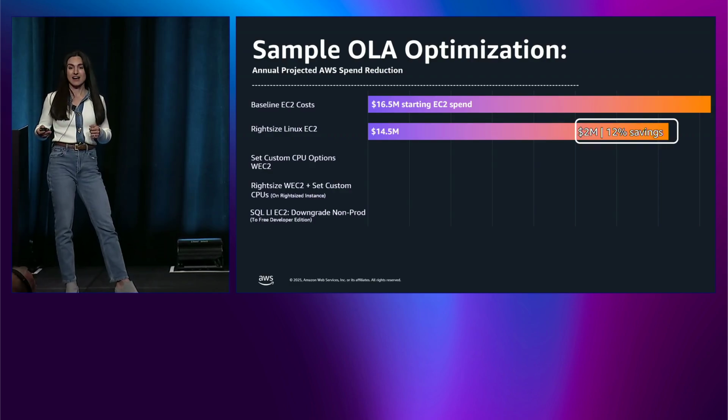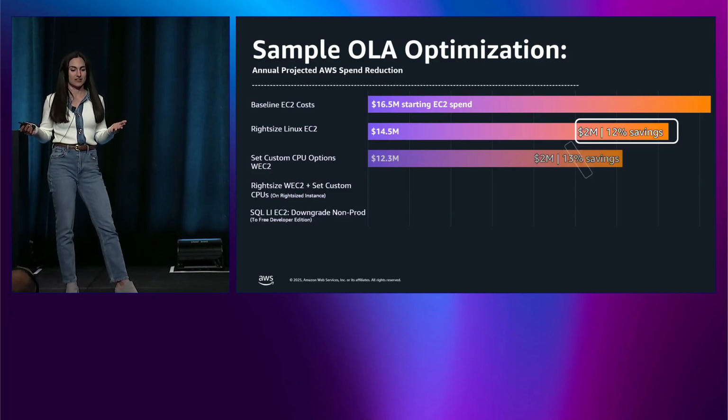In this case, right-sizing just their Linux EC2 workloads saved them about 12%. This is a savings opportunity, so perhaps they execute on 50% of those, but still pretty meaningful savings at $1 million.